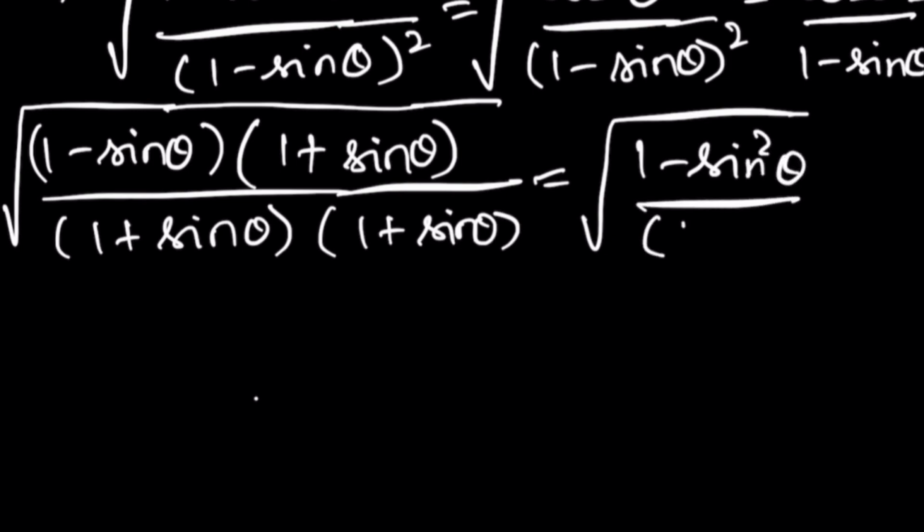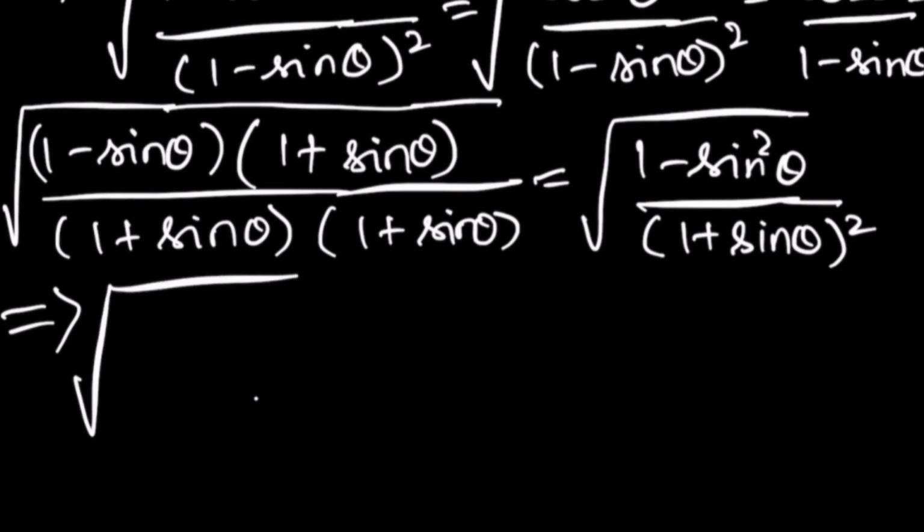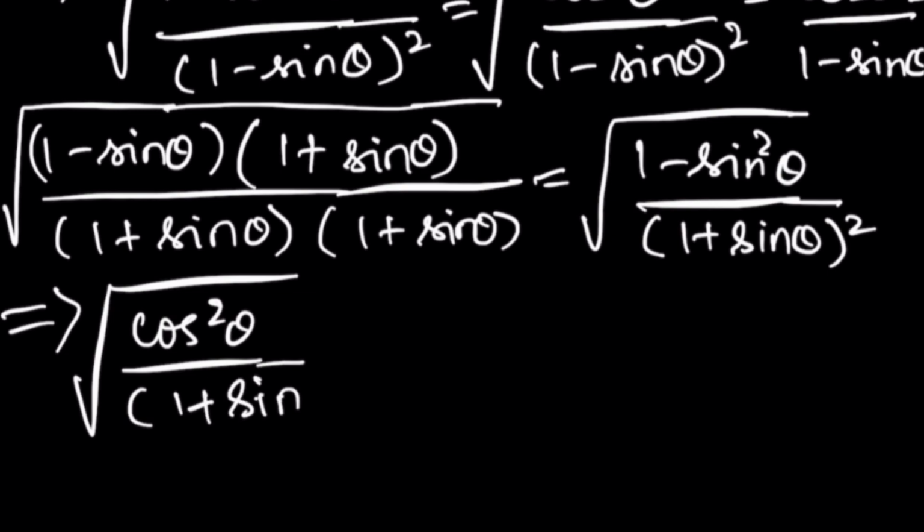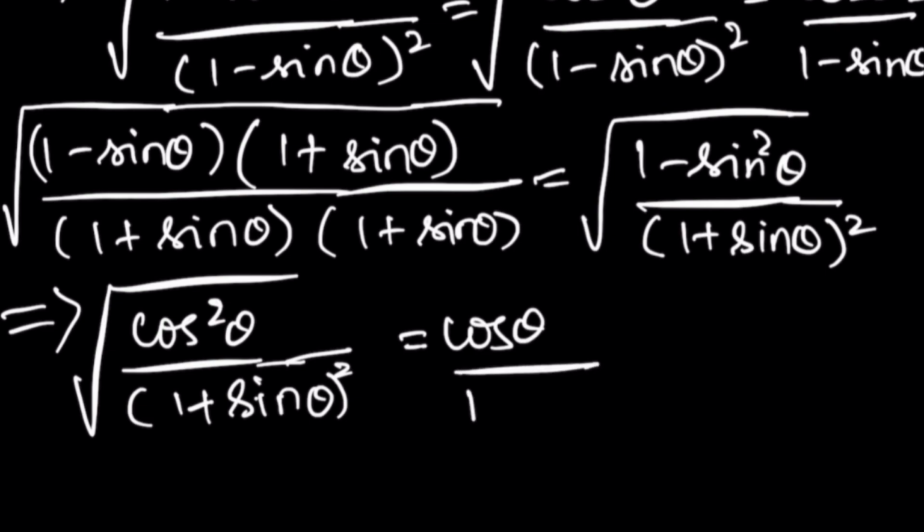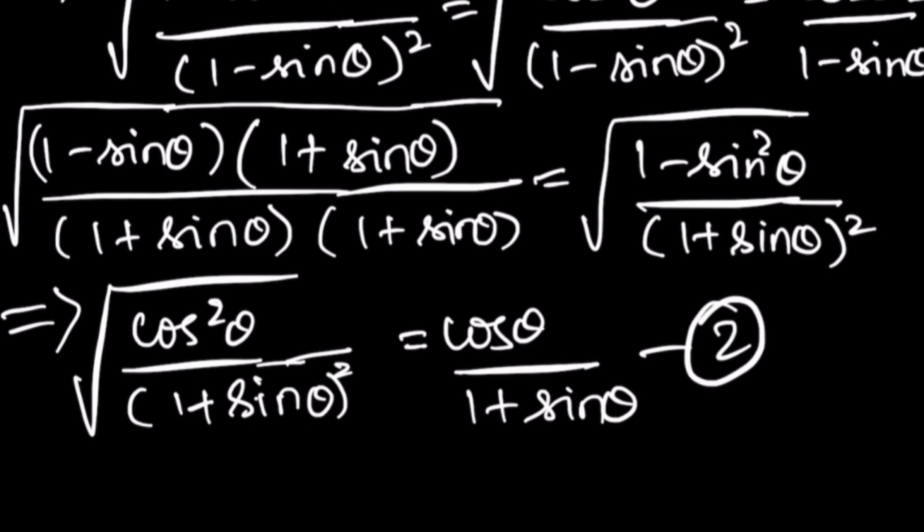So I get square root of (1 minus sin square theta) divided by (1 plus sin theta) whole square. We know that 1 minus sin square theta is cos square theta. Now I take the square root and get cos theta divided by 1 plus sin theta. This is the second equation.